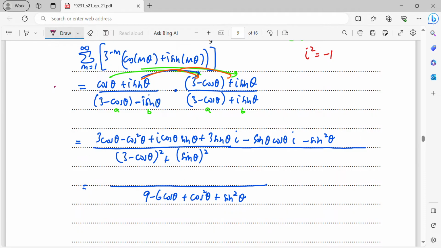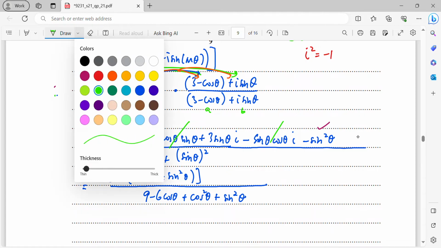So my real part will be 3 cos theta minus cos squared, and then minus sine squared. So here I will get 3 cos theta minus cos squared theta minus sine squared theta. I will write minus of cos squared theta plus sine squared theta. This is my real part. Okay, so for the imaginary part, you will notice that these two terms can be cancelled off because plus and minus, just left the 3 sine theta I.